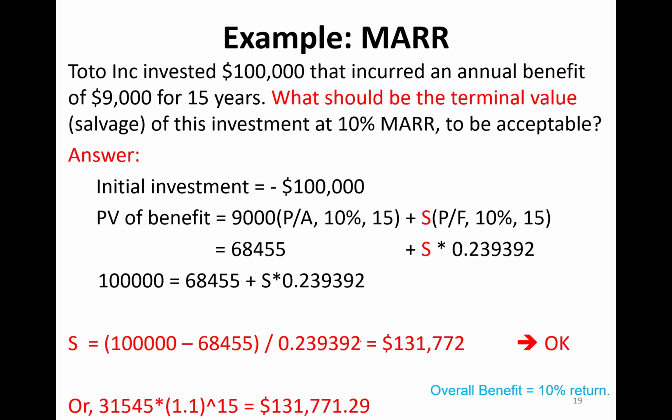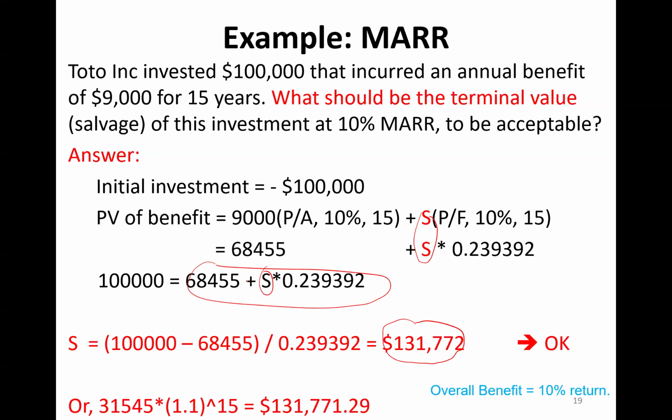So what should the terminal value be so that it is going to be good? S is not known to you, so find out S. If you put your terminal value as 131,772, your benefit is going to be exactly the same as 100,000.